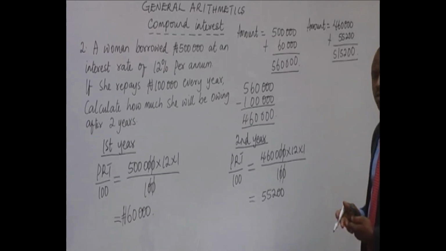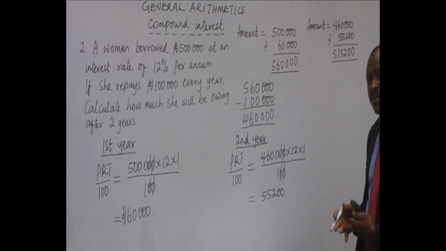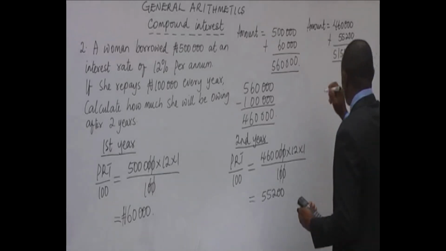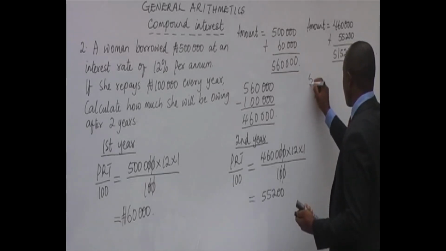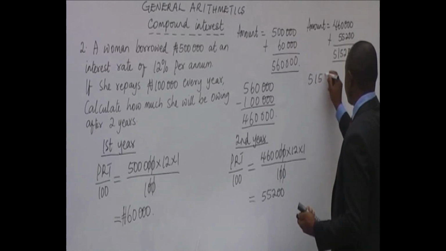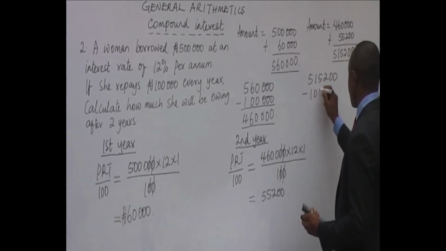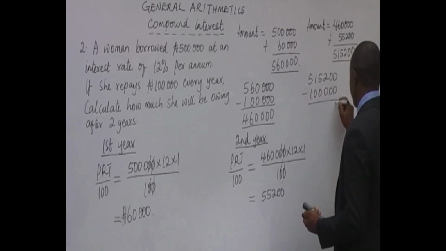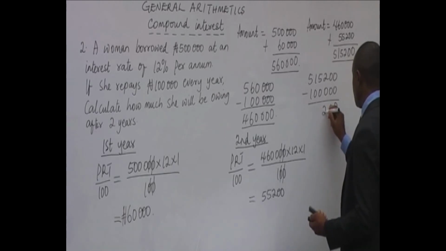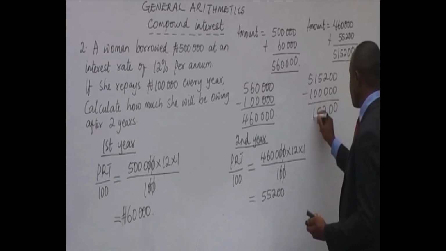If the woman should pay another 100,000 after the second year, that means you are going to have 515,200 minus 100,000, which is 415,200.